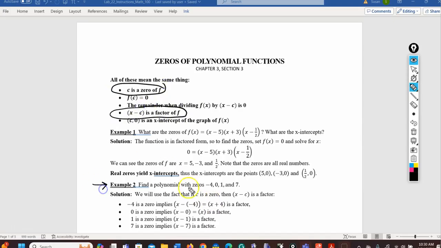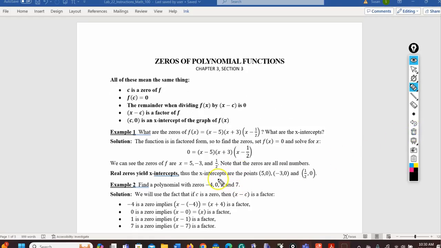For example 2, find a polynomial with zeros negative 4, 0, 1, and 7. Let's go through these one by one. Negative 4 is a zero. That's the same as saying x minus negative 4 is a factor. But of course x minus negative 4 simplifies to x plus 4.